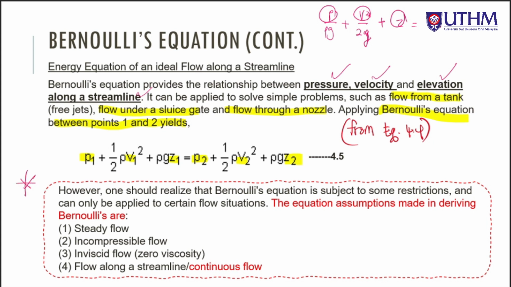So this is very important, the assumptions that need to be applied in deriving the Bernoulli equation: the flow must be steady, incompressible, inviscid, and additionally, it is flowing along a streamline, or it can be considered as a continuous flow.